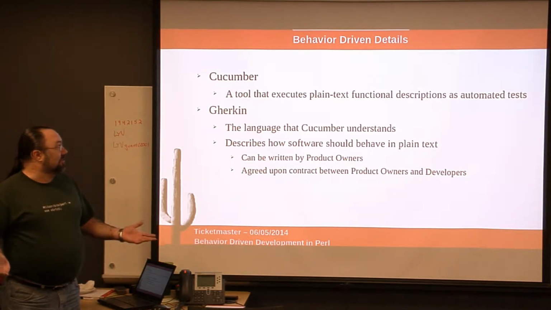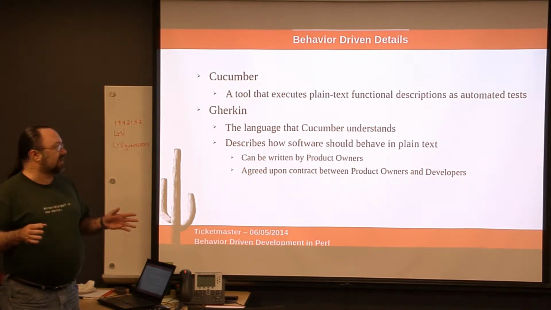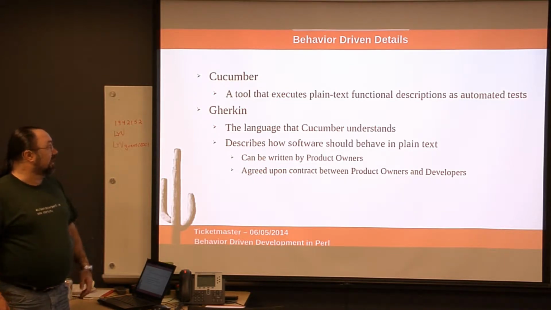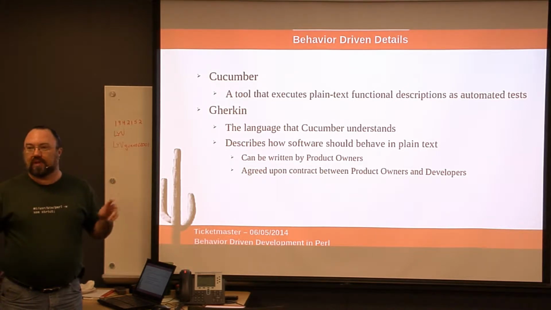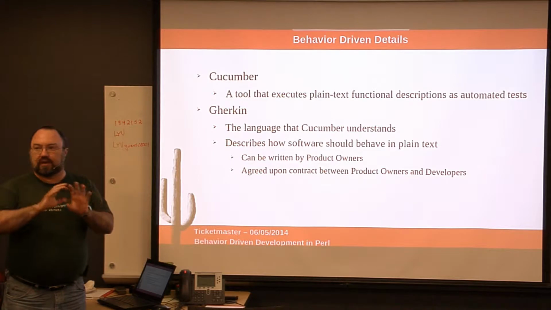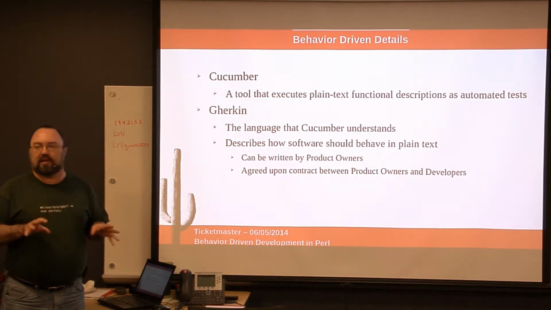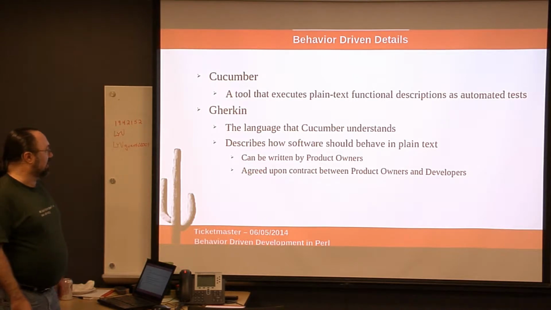It's just basically a tool that parses and reads that text and then executes the tests in an automated fashion. Gherkin is the actual language that you're writing it in. So when I say plain English, I'm fudging a little bit. It's plain English, but it has to be formatted in a certain way. But it's non-technical enough that even non-technical people can learn the rules very easily and use them.